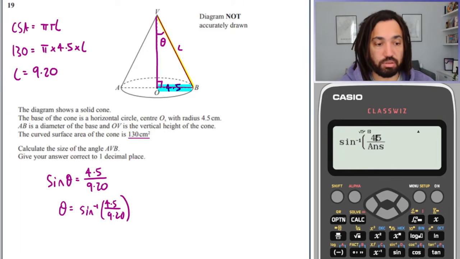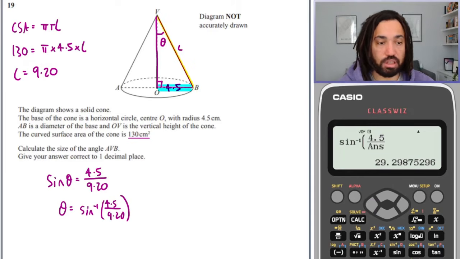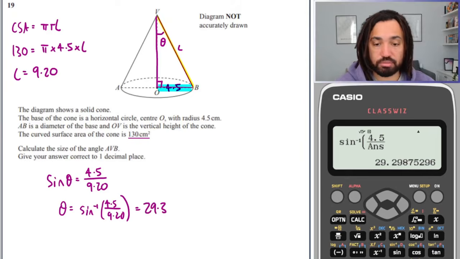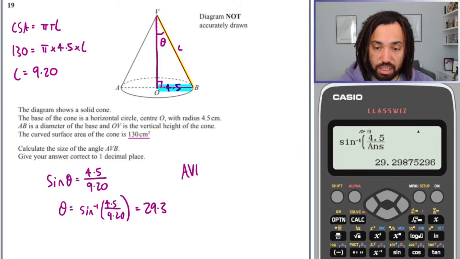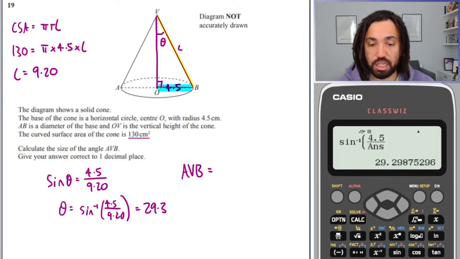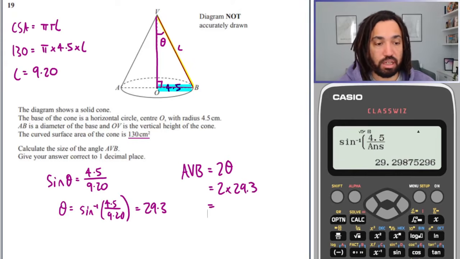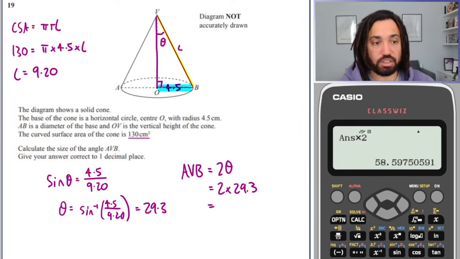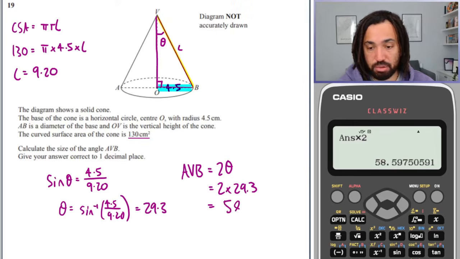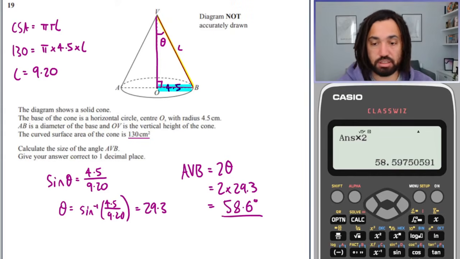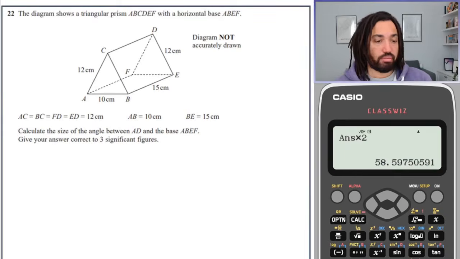Oh, sorry, 4.5. There we go. 29.3. Okay, so AVB is equal to 2 lots of theta, which is 2 times 29.3, and that is going to give us 58.6 degrees. Perfect.